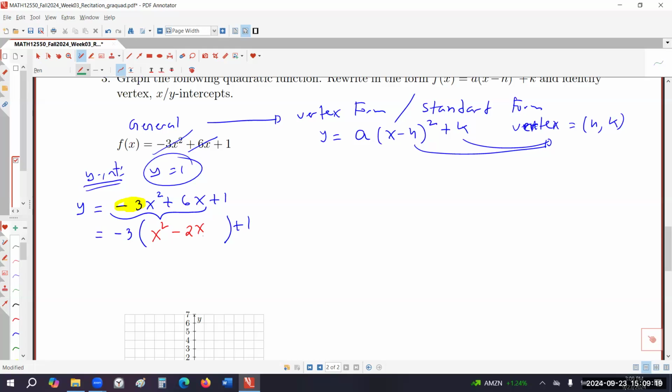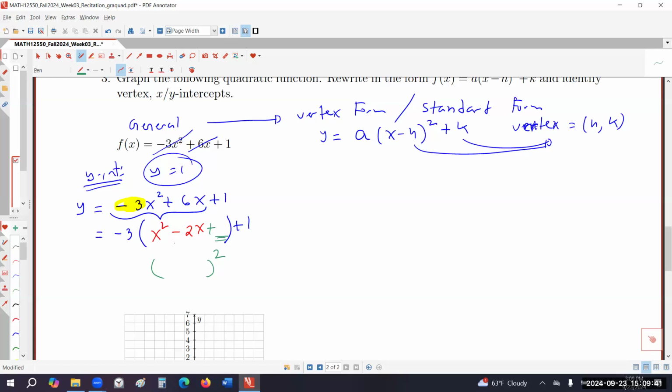Let me pick green. Add something extra here so that this thingy will become the same thing twice when you factor them. What number can you add there so that when you factor, you get the same factor twice? 1. Perfect.